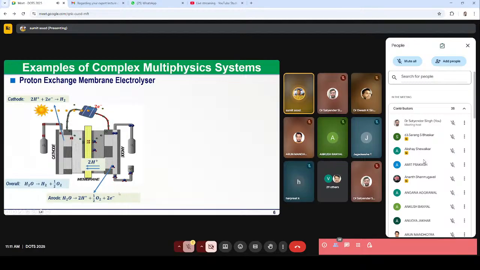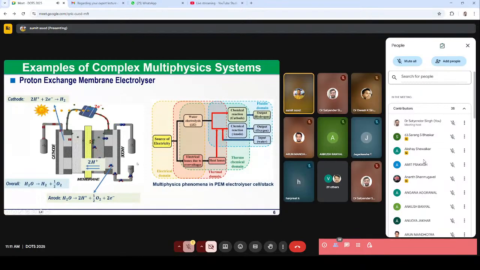Now it might sound like it is something related to chemistry only, but that is not true. If we take a deep look into this, you can see here there are different phenomena going on, and these phenomena are coupled to each other. For example, there is a source of electricity, so there is an electrical domain, and then for the dissociation of the water into hydrogen and oxygen, for sure there is a chemical domain process happening, but also there is heat being generated there.